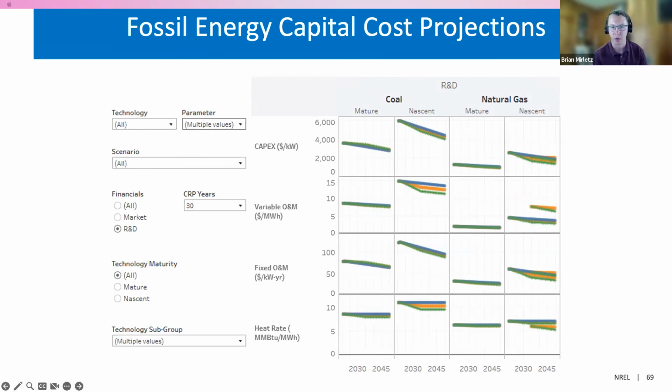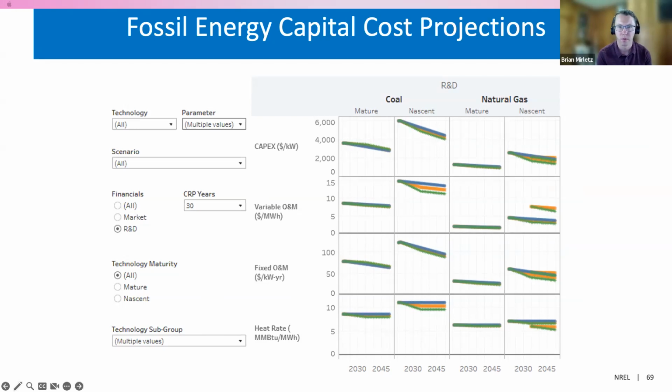So that was how they wanted to indicate this as a nascent technology that won't be available for a few years. But we are distinguishing that as its own trajectory, independent of the natural gas combined cycle technology. Those two were combined in previous ATBs, and we've made them distinct for this year.